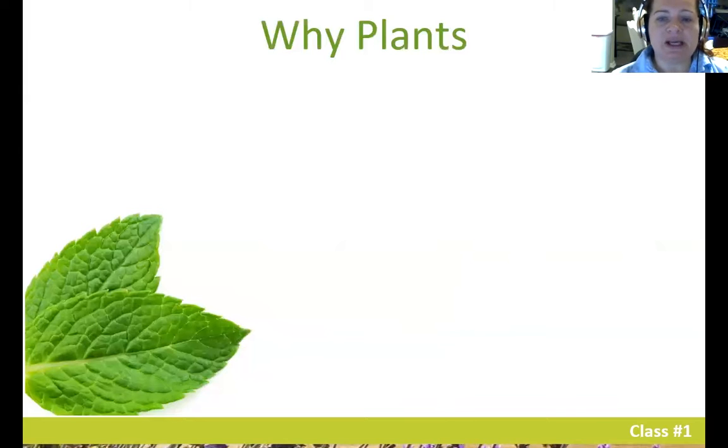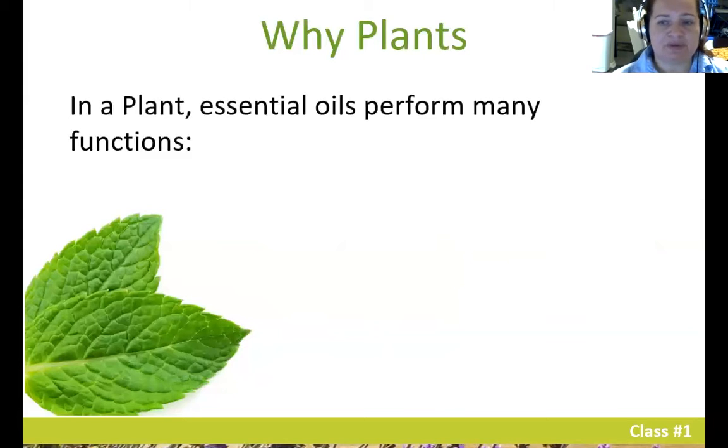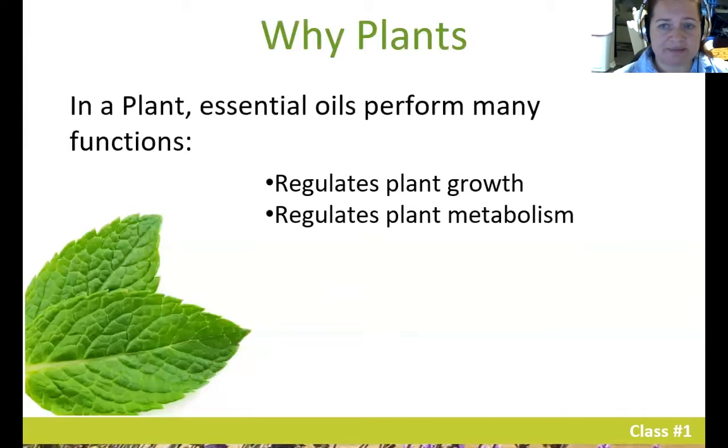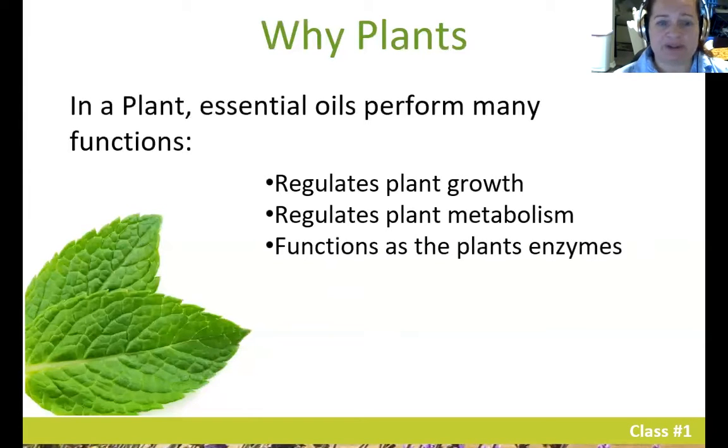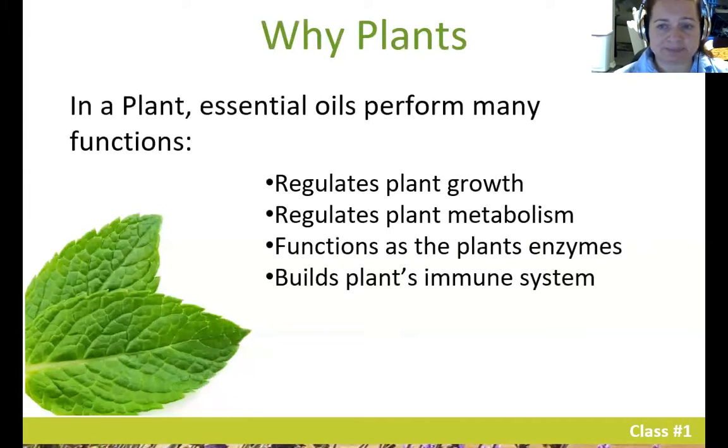So in a plant, essential oils perform many functions, and understanding those functions helps us to understand how those essential oils can support our body. They regulate plant growth, they regulate plant metabolism, they function as a plant enzyme, and they build a plant's immune system.